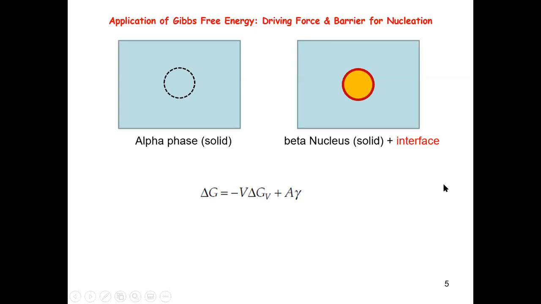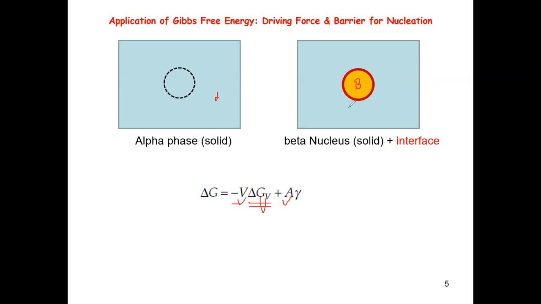Now, it's very clear that in this case I have a spherical nucleus, with surface area A and volume V. We know that the reason you have a nucleus is because the beta phase has a lower free energy compared to the alpha phase at this temperature. So when transforming a small alpha region into beta, you have a bulk free energy reduction, which contributes a negative change of the free energy.